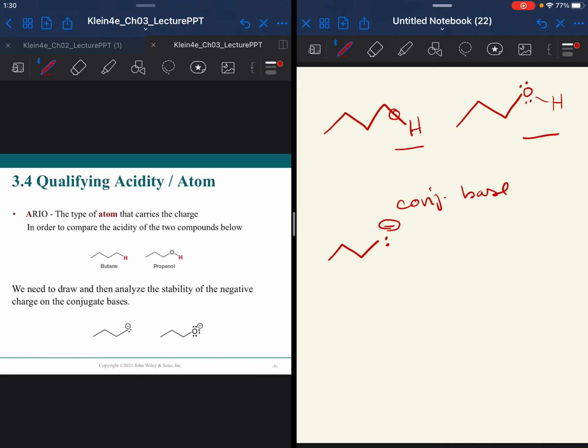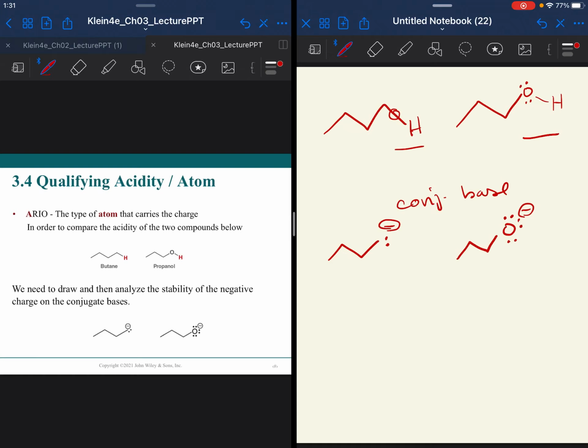The oxygen has two lone pairs when you have a neutral alcohol. When you remove the proton, you have three lone pairs, right? So we increase the number of lone pairs and we decrease the charge. They both have a negative charge. So we have to decide which one holds that charge more effectively, right?